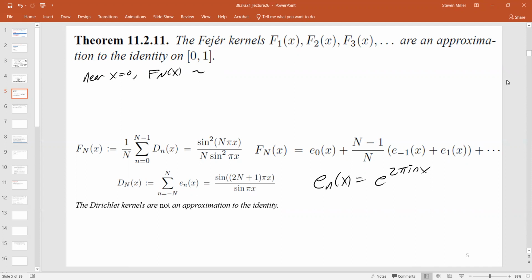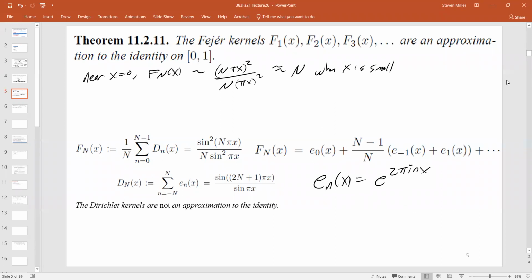I would say u. Yes, because it's just going to be (n pi x) squared for the numerator, and the denominator would be n times (pi x) squared. So this is approximately 1 over n when x is small. Did I make a mistake? Oh, sorry, it's approximately n. Sorry, other way around. It's approximately n when x is small.